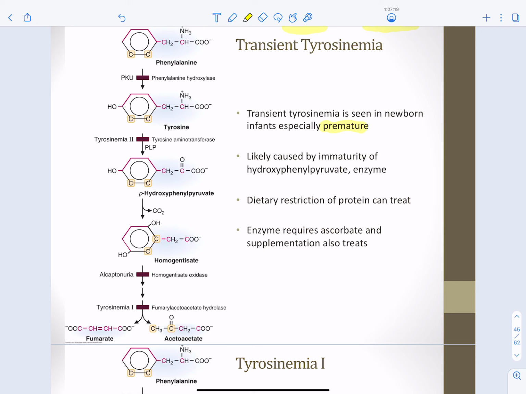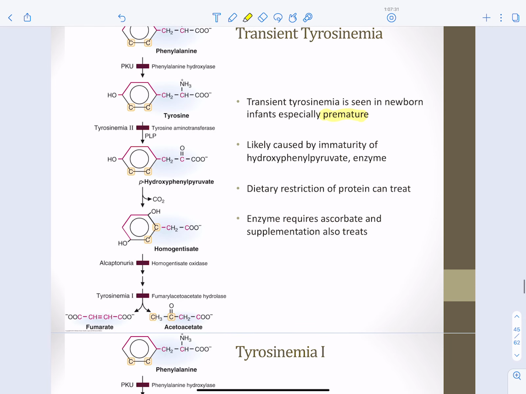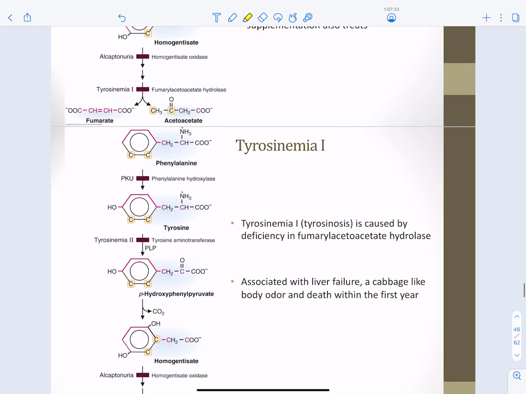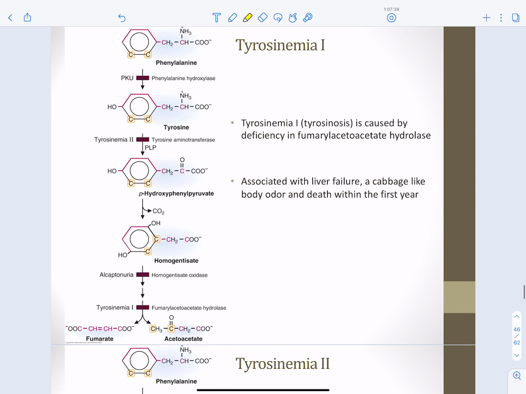And it's thought to be the hydroxyphenylpyruvate enzyme that is going to be defective. And so again, very transient. And so it's going to be treated with reducing phenylalanine in the diet until the baby matures.